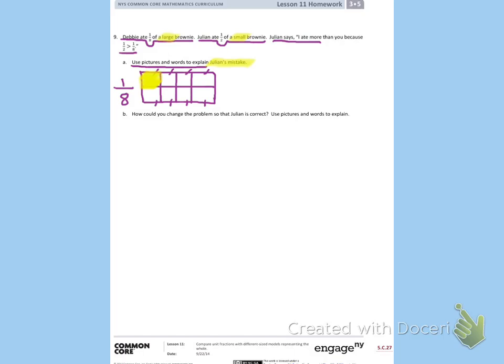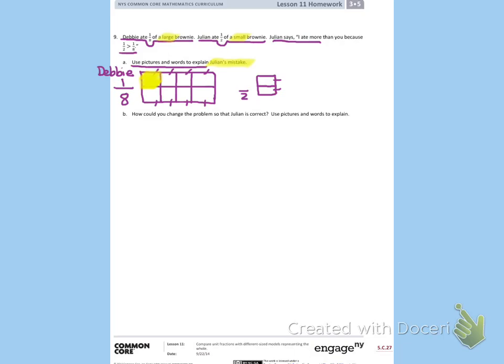And here is Debbie's name so that I can show my teacher this picture represents Debbie's brownie. Now Julian ate 1/2 of a small brownie, so I'll draw a small brownie for Julian. And I'll go ahead and divide it in half because there are only 2 pieces in Julian's brownie. 1, 2.